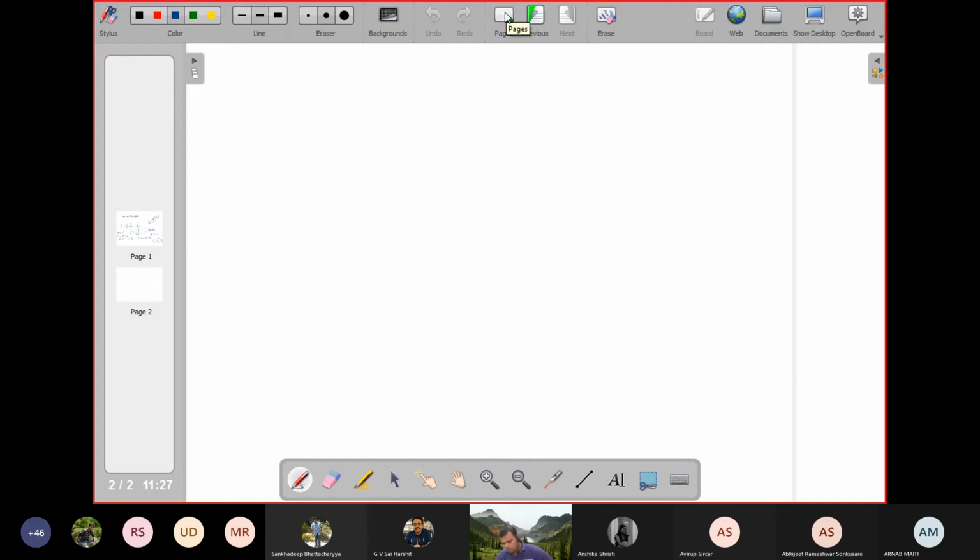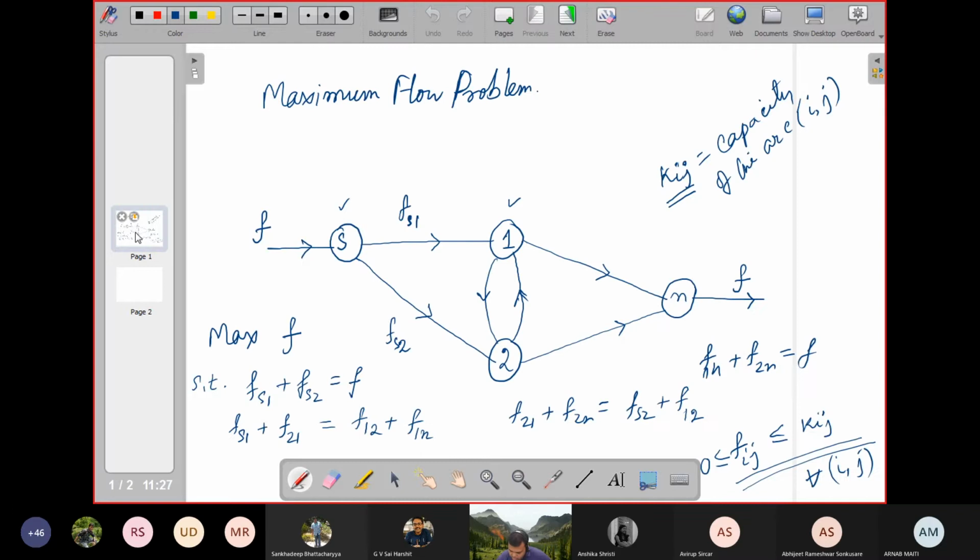But before discussing the Ford-Fulkerson algorithm, we have to first understand some basic concepts about graphs and the cutting planes, or cuts, they call it. So what is a cut in a graph? So in this graph, for example, how do I define a cut?